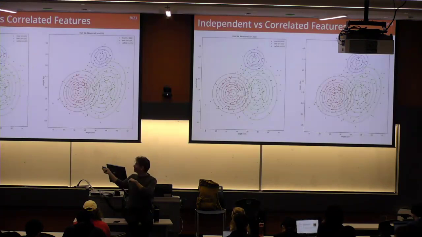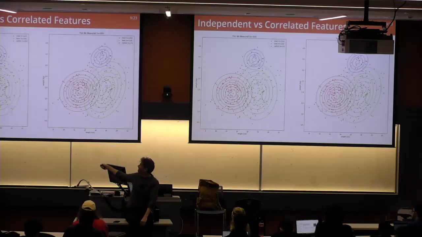So if your fish is over here, it doesn't matter that you didn't take into account the very nice correlation. It's still well in the trout area. It's going to be a trout. If you're over here, it doesn't matter that it's not exactly the right shape. It's going to be counted as a bass.